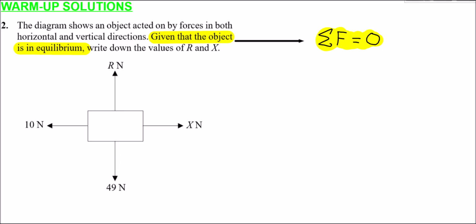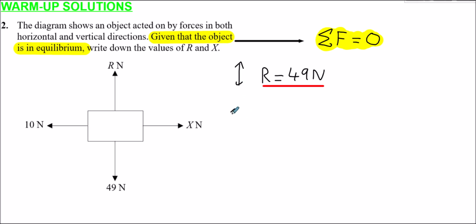Okay, so R, therefore, must be 49 newtons. In other words, R balances out and cancels out exactly with the 49 newtons going down. 49 up, 49 down gives a net force of 0, which is what we need because we're told that it's in equilibrium.